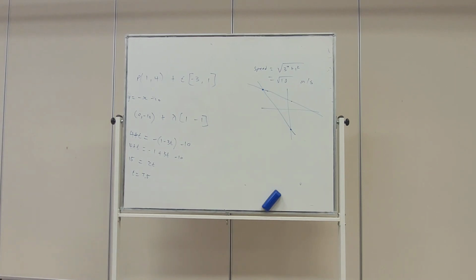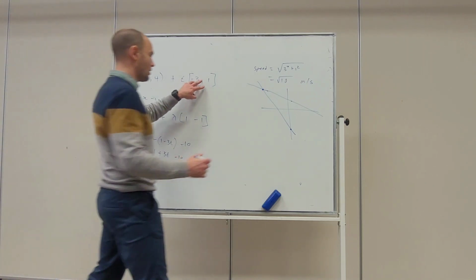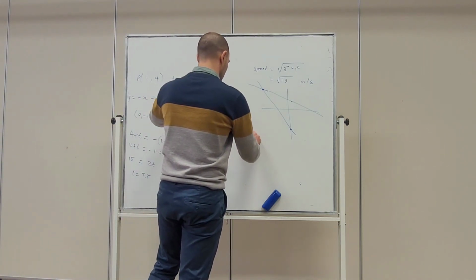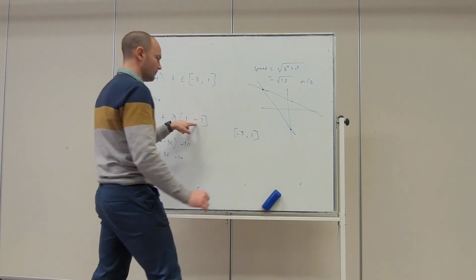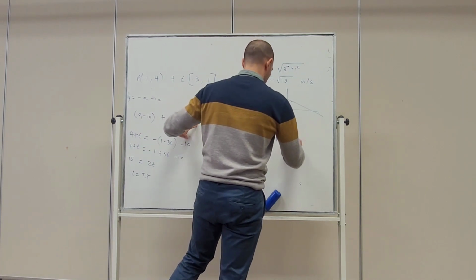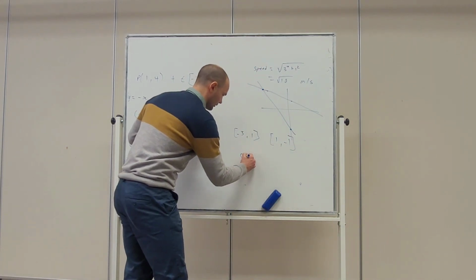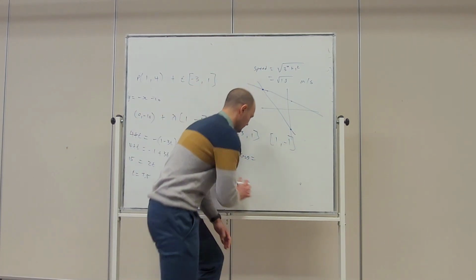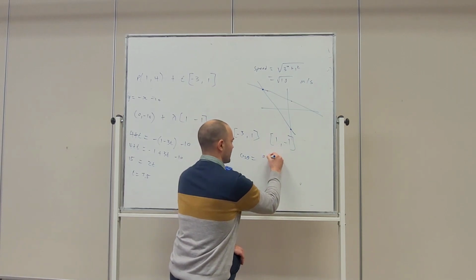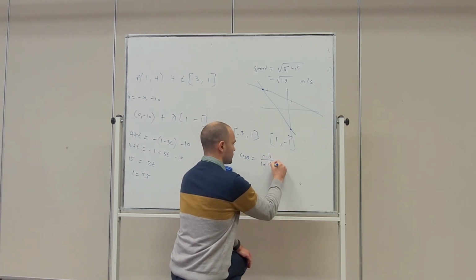And then to find that angle between them, all we're doing is finding the angle between the direction vectors. So the direction vectors are (minus 3, 1) and (1, minus 1). Let's go through it really quickly. The angle between two vectors is a dot b on modulus of a times modulus of b.